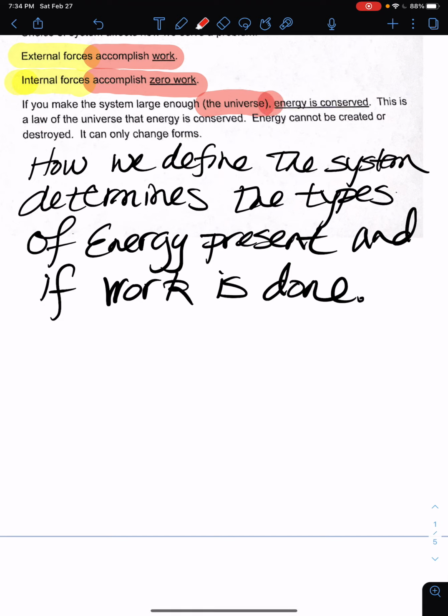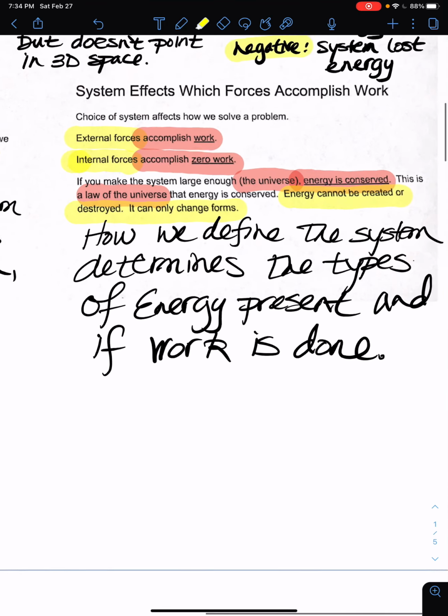Then energy is always conserved. You should know that from science class, that energy is conserved in the universe. This is a law of the universe, that's how important this is. You might have heard it stated in another class as energy cannot be created or destroyed. It can only change forms. And so that's what we're dealing with here.